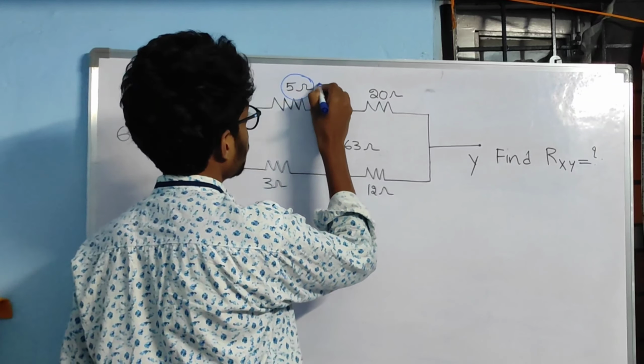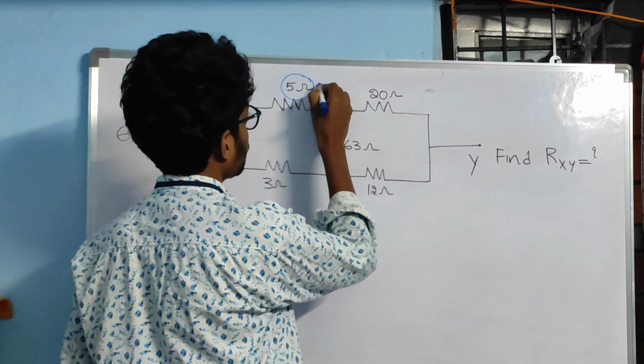I am just open circuiting right now. After open circuiting, this is branch 1 and this is branch 2. For branch 1 equivalent, I get RA plus RB, since RA and RB are connected in series. 5 plus 20 is equivalent to 25 ohms.